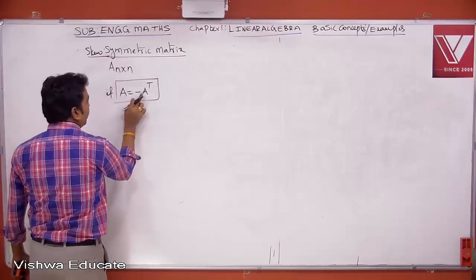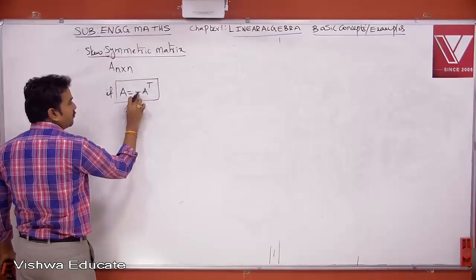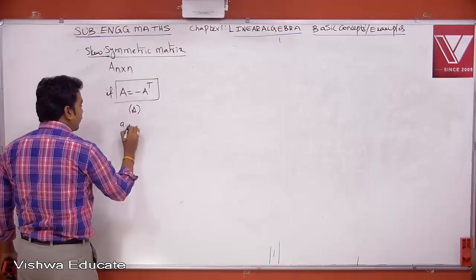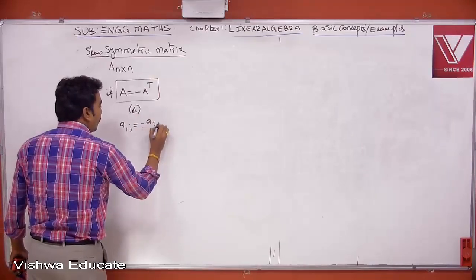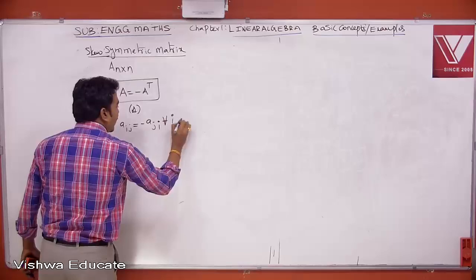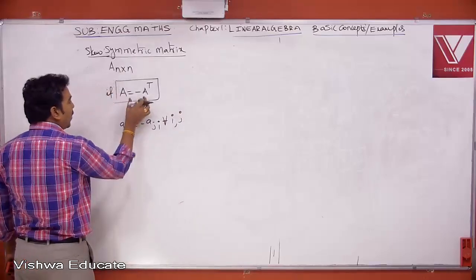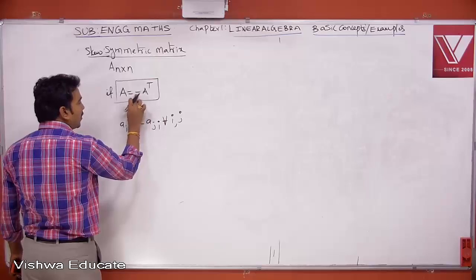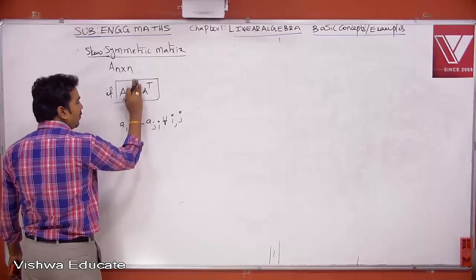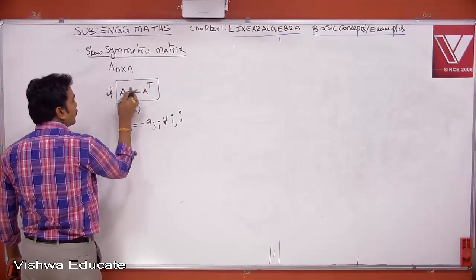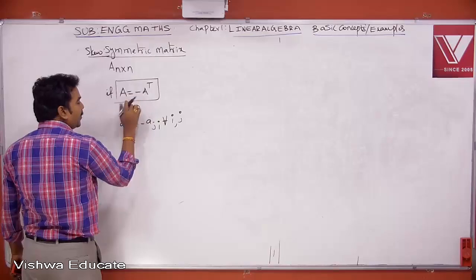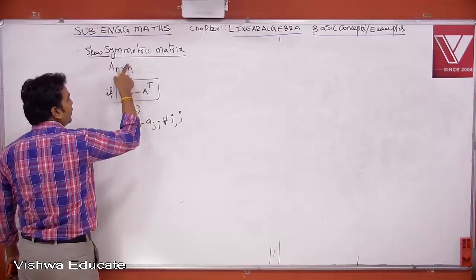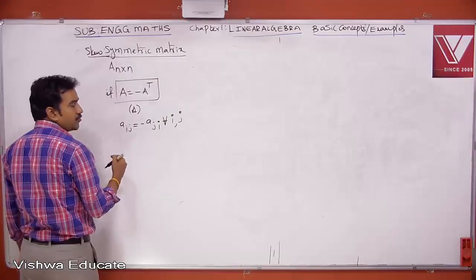Minus A transpose means multiply every element of A transpose with -1. So equivalently, this is nothing but Aij equal to minus Aji for all i comma j. This is matrix wise comparison. This is element wise comparison. Just a minus symbol will come extra. In case of symmetric, minus will not be there. In case of skew symmetric, the minus symbol will come. So whenever a square matrix A satisfies this or this, then this is called a skew symmetric matrix.